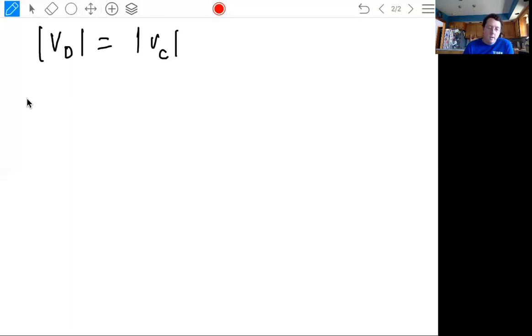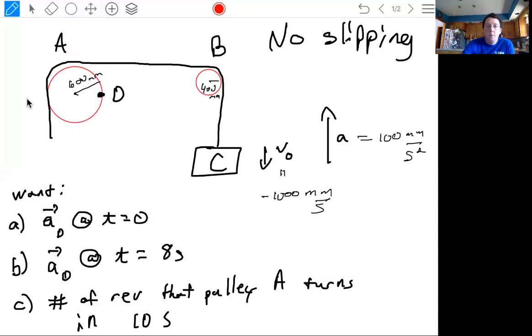Furthermore, looking at my diagram, I see that both pulleys will move, at least initially, in a, let's look at that.